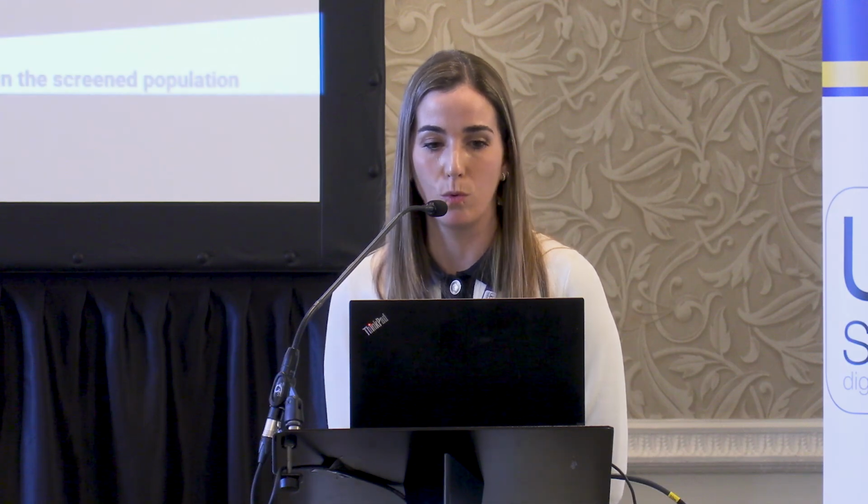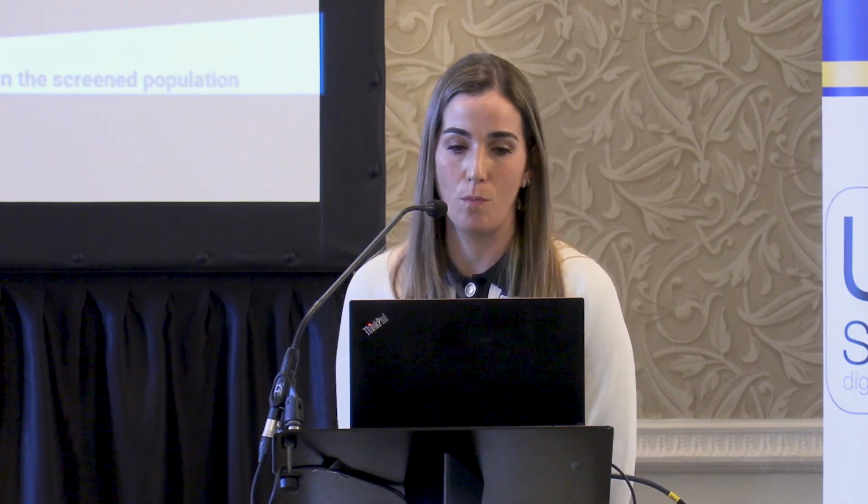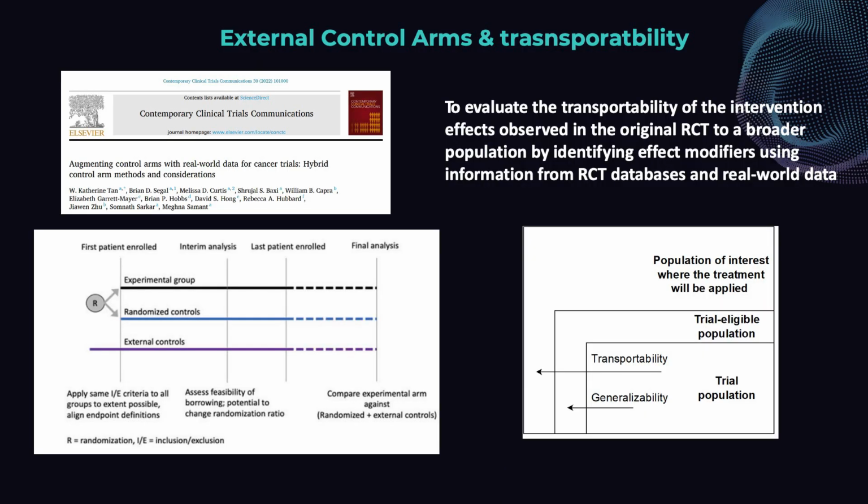For example, if you have the data from a phase 1 or phase 2 clinical trial, and you also have the data of the population that you are going to treat, how the standard arm is performing in the real world, you can make some predictive analysis to repurpose this clinical trial design. And as I was explaining, also external control arms based on information of real world evidence patients.